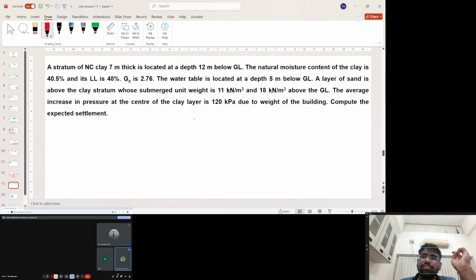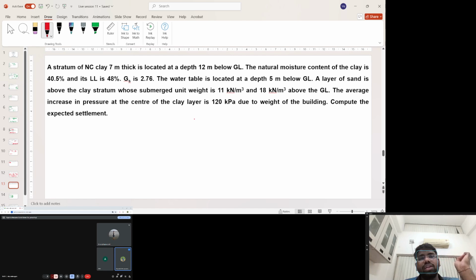A clay stratum, which is NC. NC clay stratum 7 meter thick is located at a depth 12 meter below ground level. The natural moisture content of the clay is 40.5% and its liquid limit is 48%. Specific gravity is 2.76.